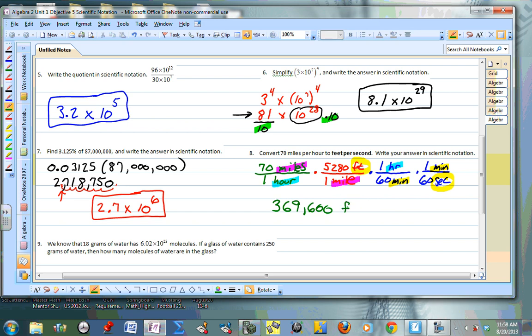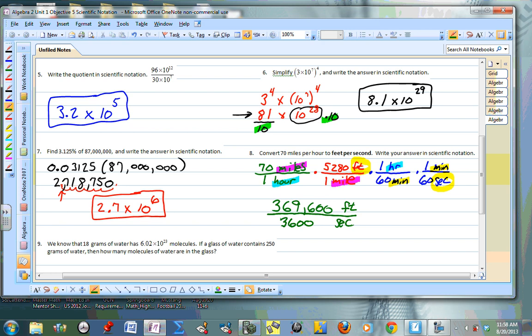The unit on top is feet. And now on the bottom, we'll do 1 times 1 times 60 times 60, which is 3,600 seconds. That means that a car traveling 70 miles per hour will travel 369,600 feet in 3,600 seconds.